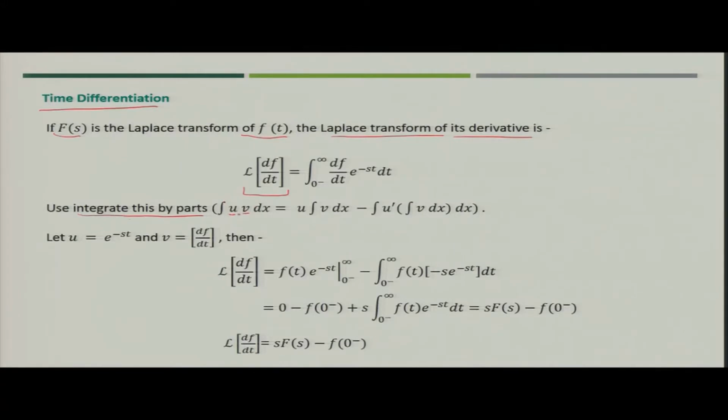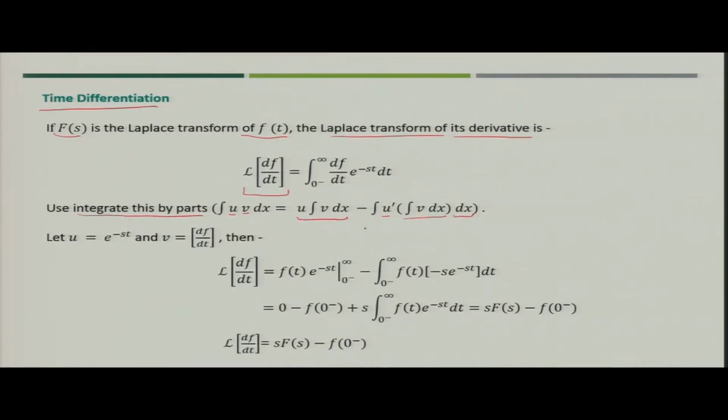The integral of u v dx can be given as u into the integral of v dx, minus the integral of the derivative of u multiplied by the integral of v dx, and then the combined function is integrated with respect to x again. So, this is the property of integration by parts.